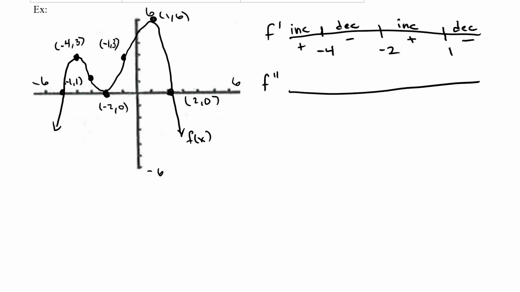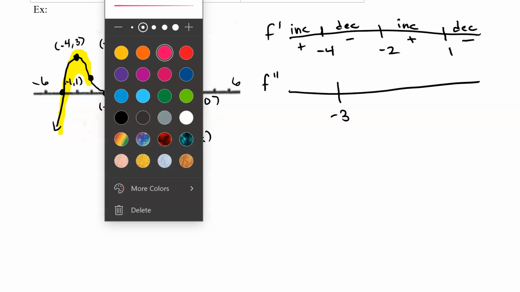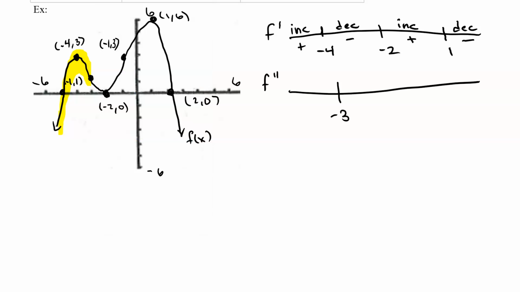Right, and then let's think about the second derivative. So for this, we're thinking about concavity. So if we're looking at this piece here, that's going to be concave down. So we're concave down until that inflection point at -3. And then we're concave up until this next inflection point at -1.